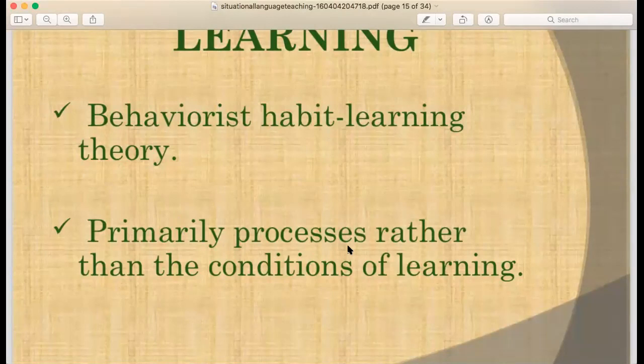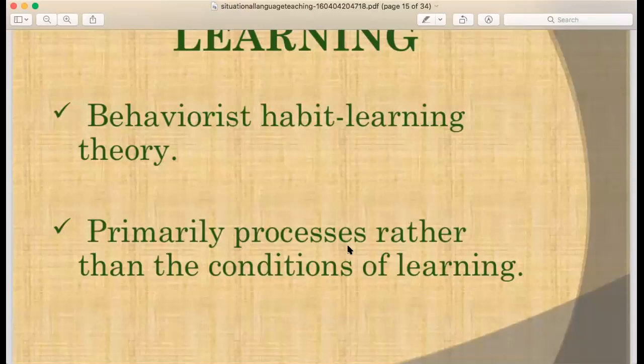Okay, it's not about what are the conditions that are given to the organisms according to the behaviorist theory, but what habits are being formed as a process. So language learning, according to SLT theory of learning, is seen as a process. And what kind of a process? A process of forming the right habits. And what do we mean by right habits when we are talking about language learning and behaviorism?